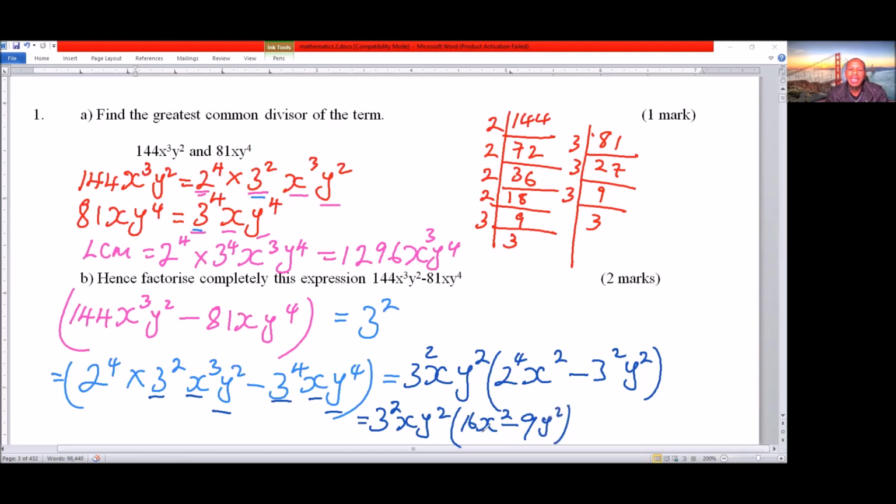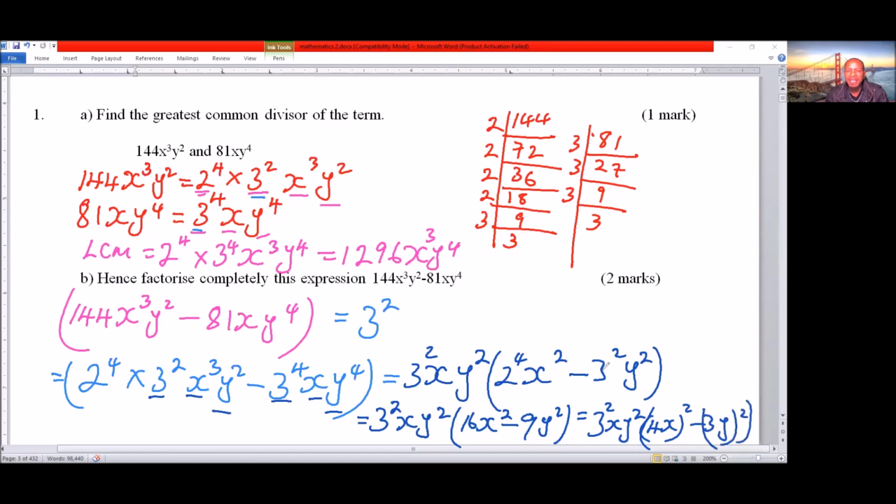So you note here is a difference of 2 squares, because we can write this as 3 squared x y squared. Here we can write it as 4x squared, put the bracket here, minus 3y squared.